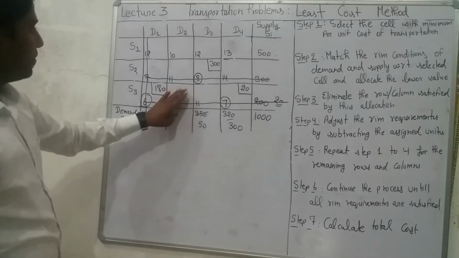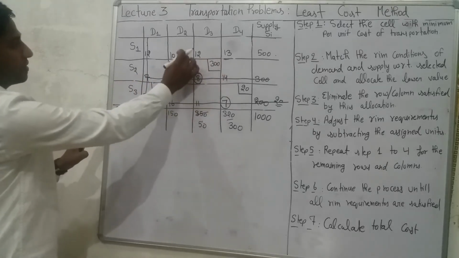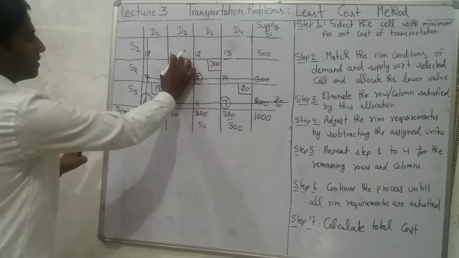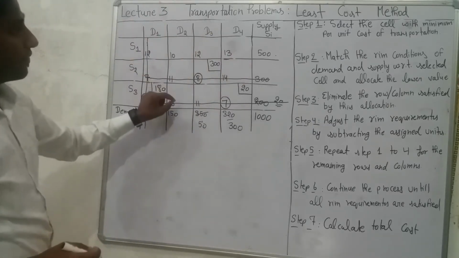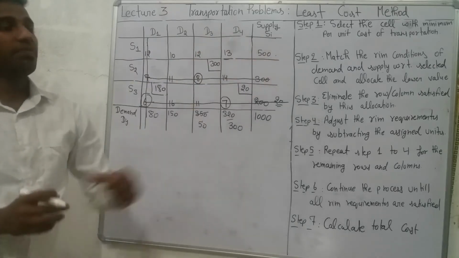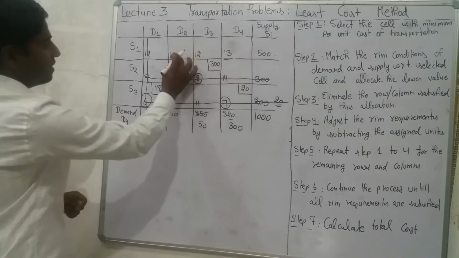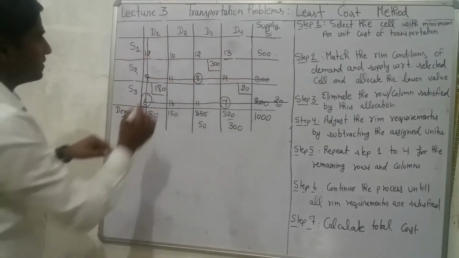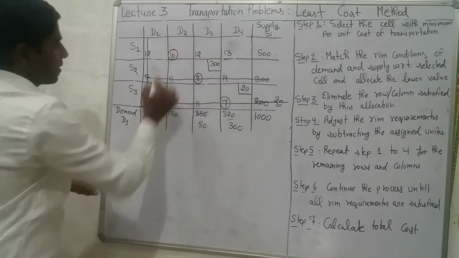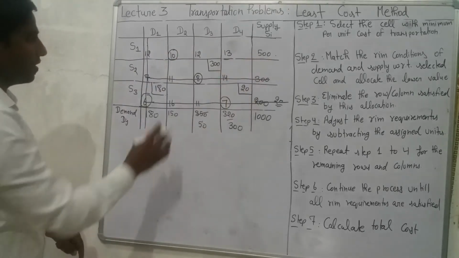After deleting this row, we are left with only a single row, that is the first, which includes 3 columns, 10, 12 and 13. Now again we have to select the cell with minimum per unit cost of transportation. So out of these 3 cells, the minimum cost of transportation is equal to 10. So select this cell, match demand and supply requirements and allocate the minimum.